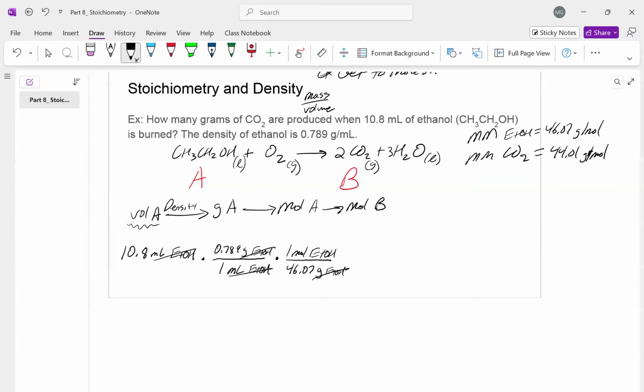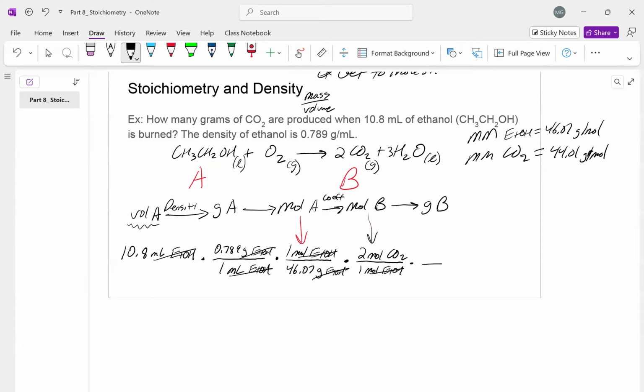Notice I'm at moles of A here. How do I get to moles of B? Use coefficients from the balanced equation. 1 mole of ethanol produces 2 moles of CO2. And then finally, how do I get to grams of my product, CO2?